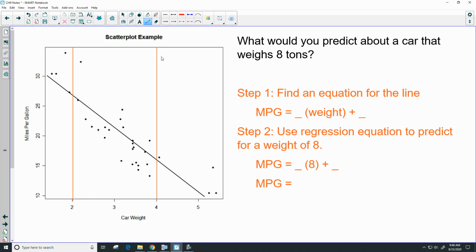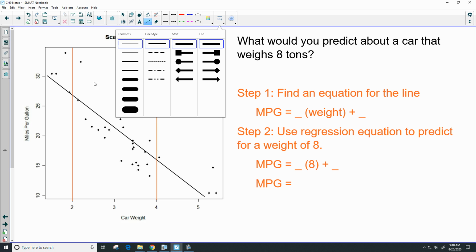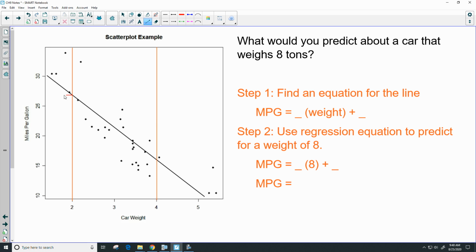Okay, so where does this line touch? Go straight up from 2. So if I put in another line, this one I'll go left and right. This one.